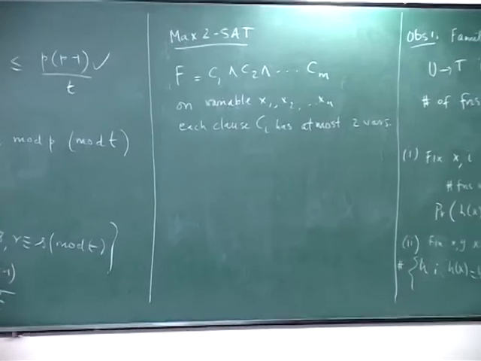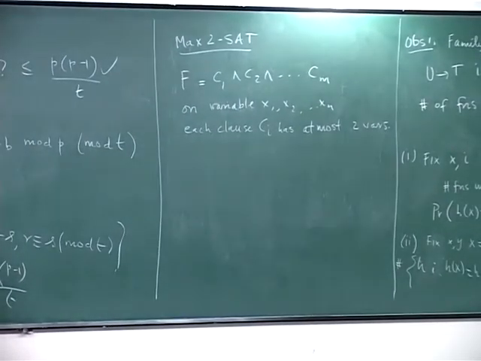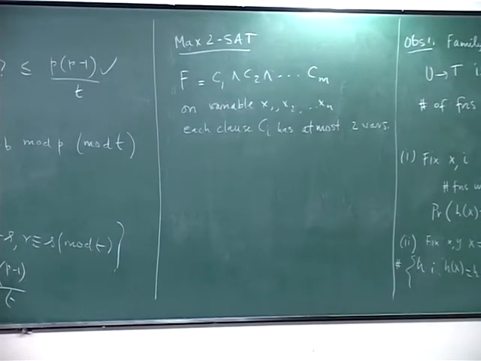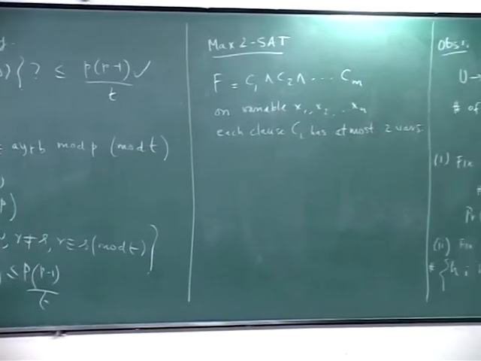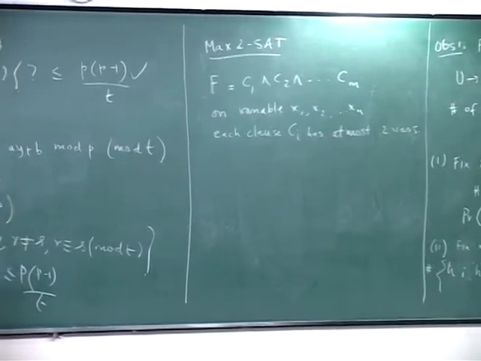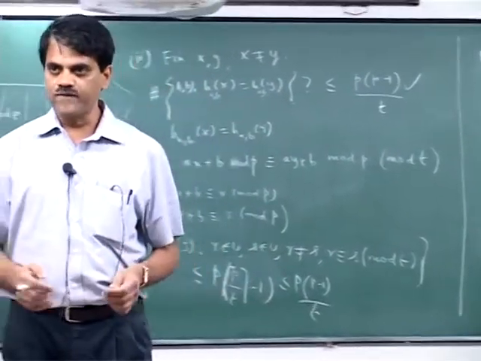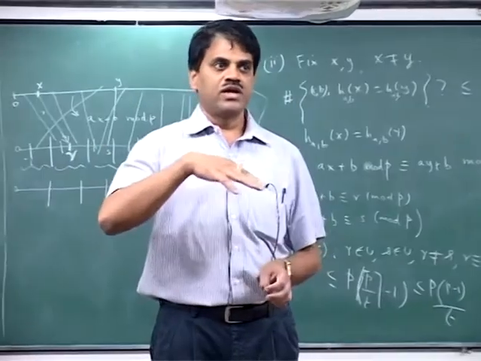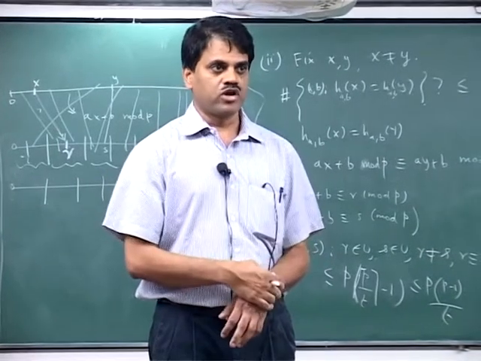It's a special case of CNF-SAT. The general CNF-SAT is just a conjunctive normal form: you have ANDs of ORs on n variables, and the satisfiability problem is, is this satisfiable? Is there an assignment to the variables that will simultaneously satisfy all the clauses?